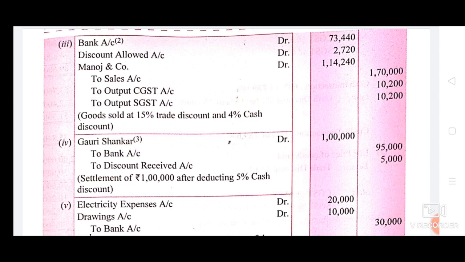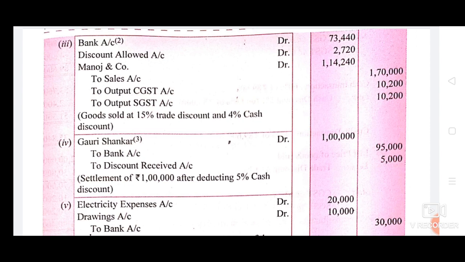40% is cash transaction, so 4% cash discount was received on 40% of original amount, that is 2720, as I have explained earlier. Cash transaction is of 73,440, so we have received from the customer 73,440, so this amount is debited to bank account.